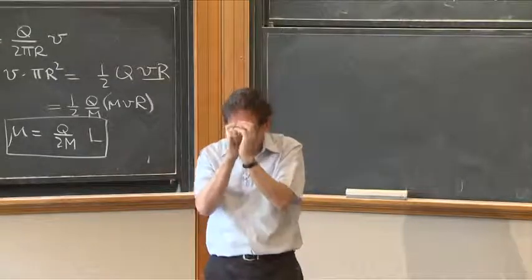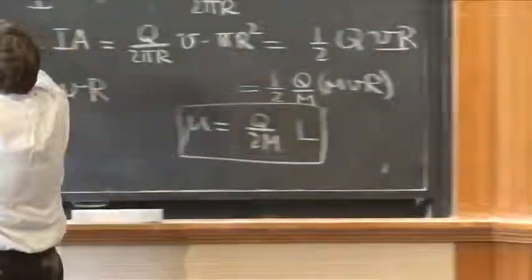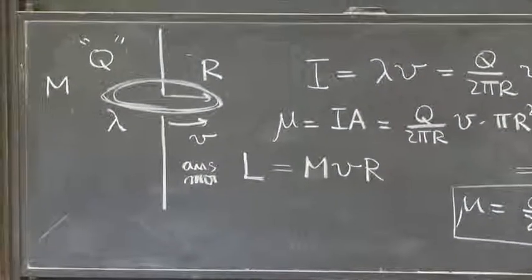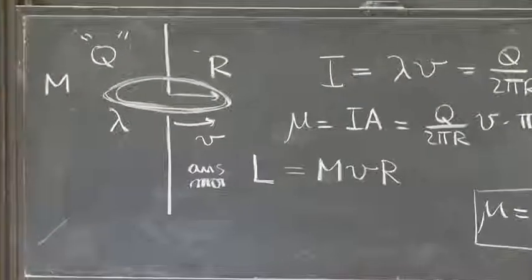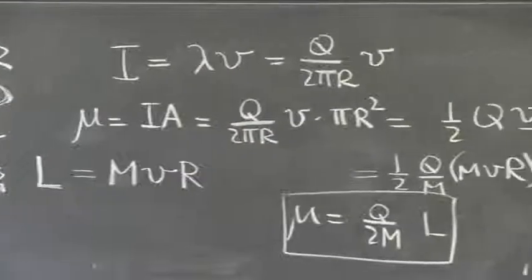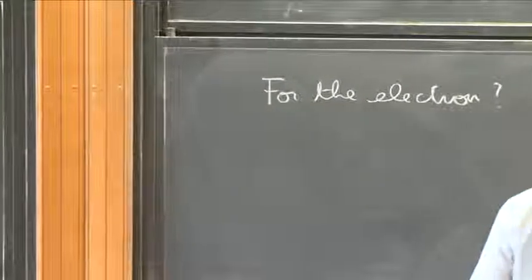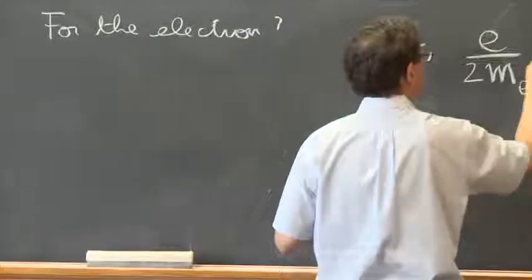We're thinking of that little particle rotating. So this is a little piece of that little particle that is rotating. So you could ask, for the electron, for example, is it true that mu is equal to e over 2 times the mass of the electron times its spin?